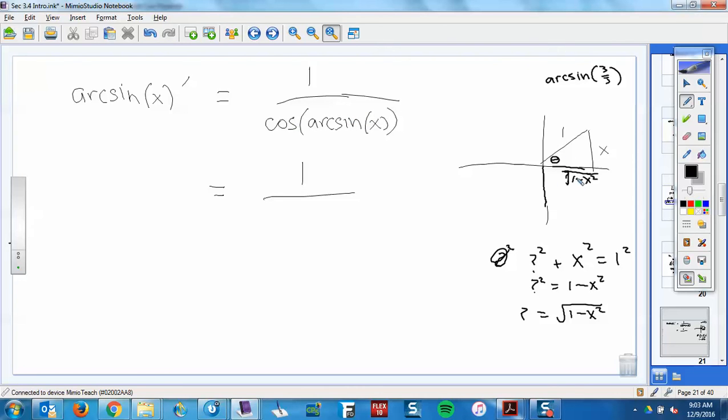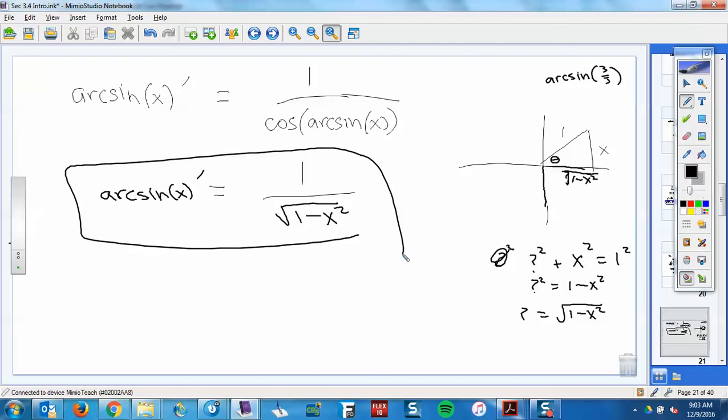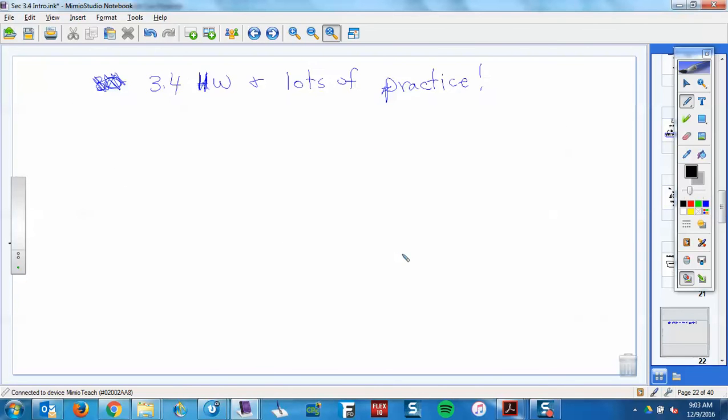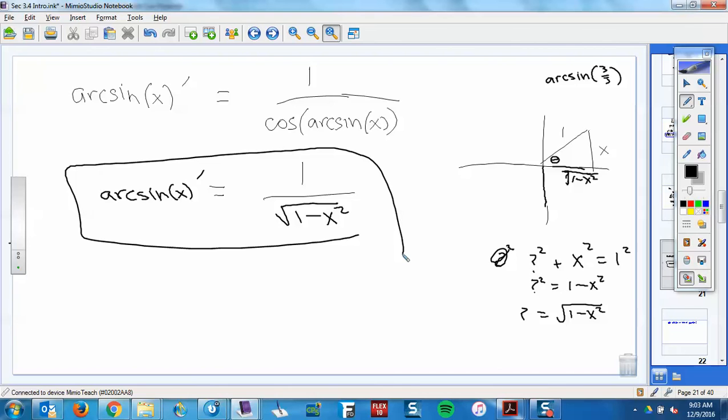The cosine would be adjacent over hypotenuse. So this bottom just turns into that, and so there is where that comes from. That's where our rule comes from for the derivative of arc sine x, that it's 1 over the square root of 1 minus x squared.